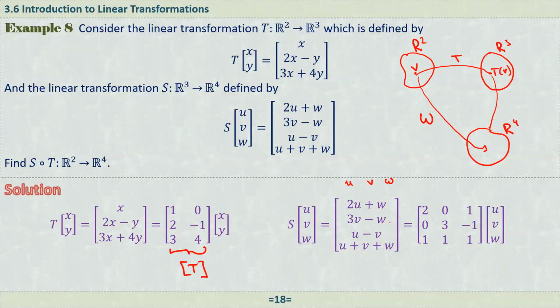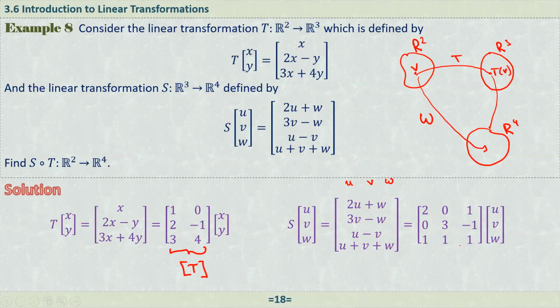How many variables do we have? u, v, w. So it's 3, and we need one more row here. The rows are 2, 0, 1; 0, 3, negative 1; and the third is 1, negative 1, 0.